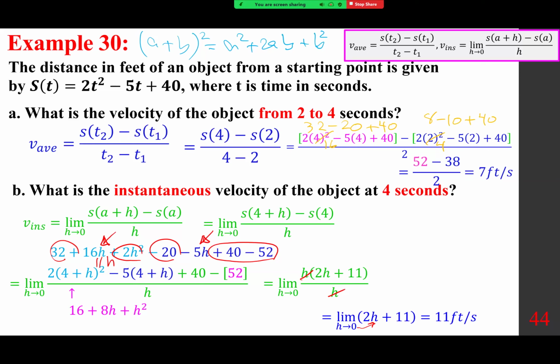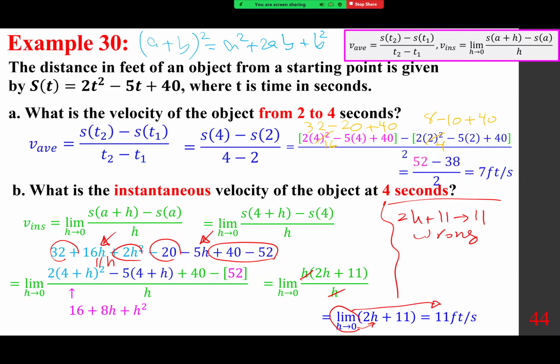What I want to mention is, I've seen in some instances, sometimes students write 2h plus 11 and then they go to 11, which is wrong. This is not 11, this is 2h plus 11. What is correct? Because of the limit, this is correct.